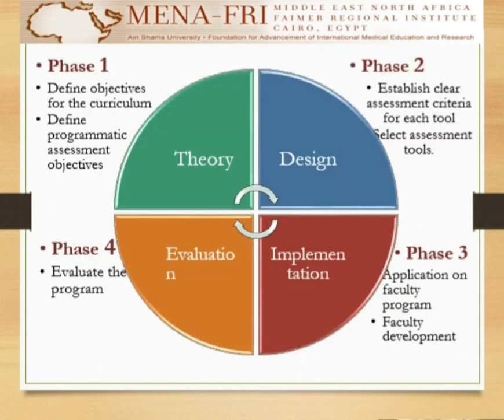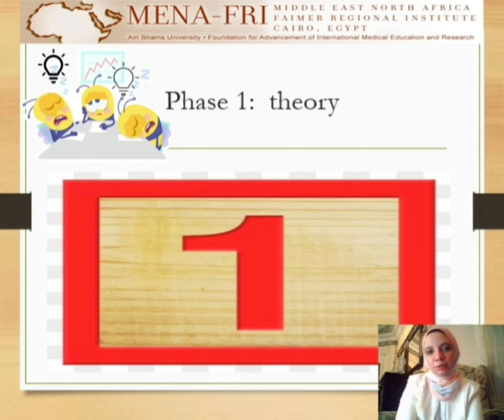We can divide the implementation of programmatic assessment into 4 phases. Phase 1, the theory, then designing, then the implementation, and phase 4 is the evaluation. We will start with phase 1, as we said, which is the theory.